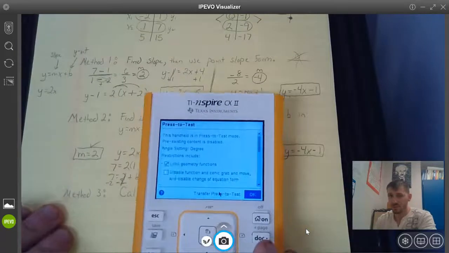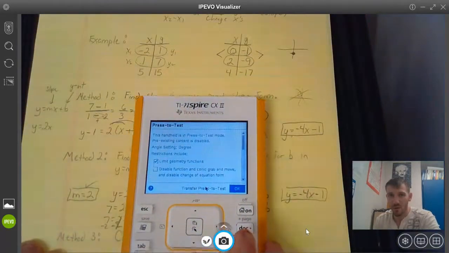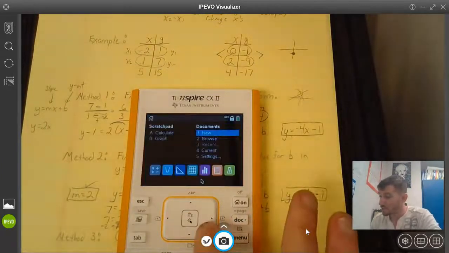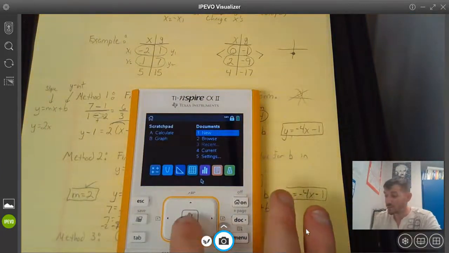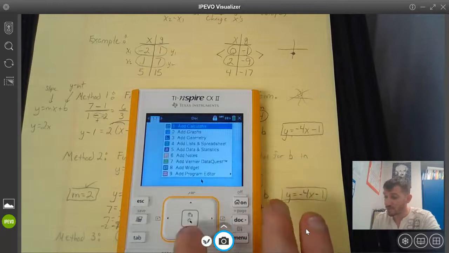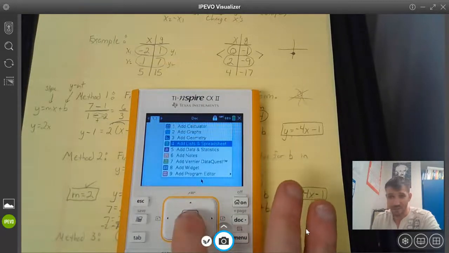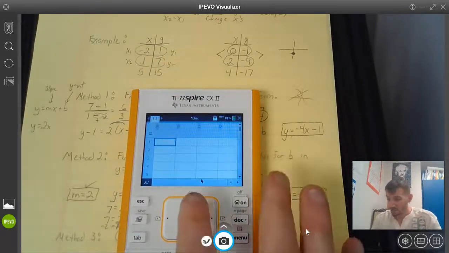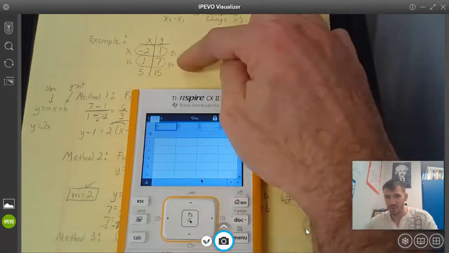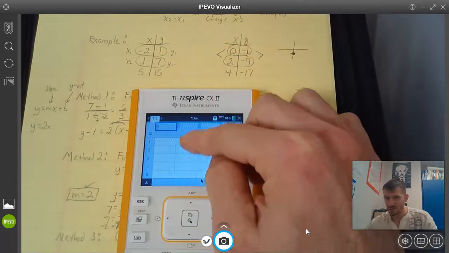So calculator version, we had this in a video a while back, is how to do this with a calculator. All right, so you would want to first go to New. And we don't want to save anything. And you're going to see something called Lists and Spreadsheets. So this brings up a table, looks very similar to your XY chart, and you want to make it look like an XY chart.